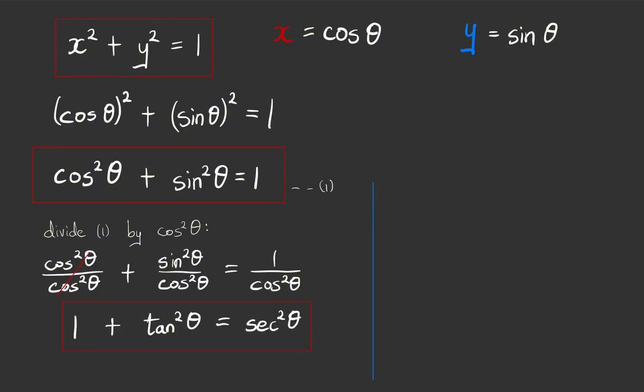To obtain the third Pythagorean identity, you divide equation 1 again by sine squared theta.